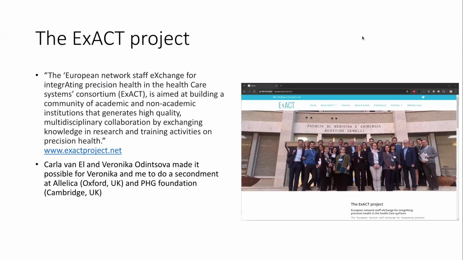Yeah, I now want to go into an example of an exchange I did a few months ago within the EXACT project, the European project that was aimed to enable staff exchange in the healthcare system around Europe.